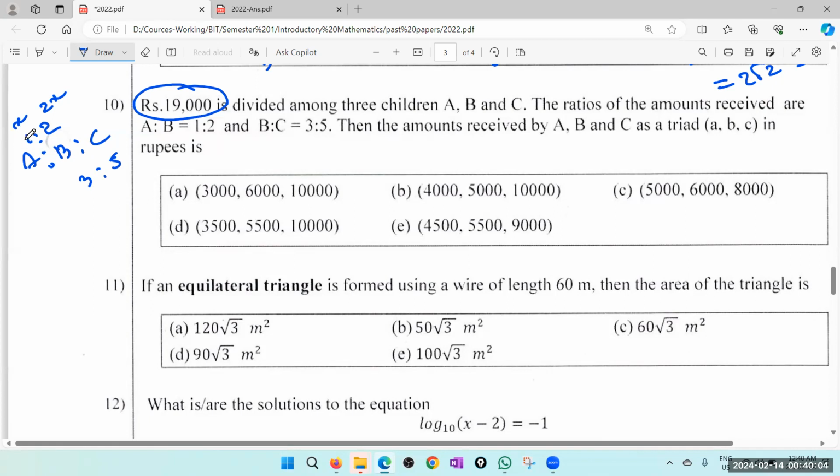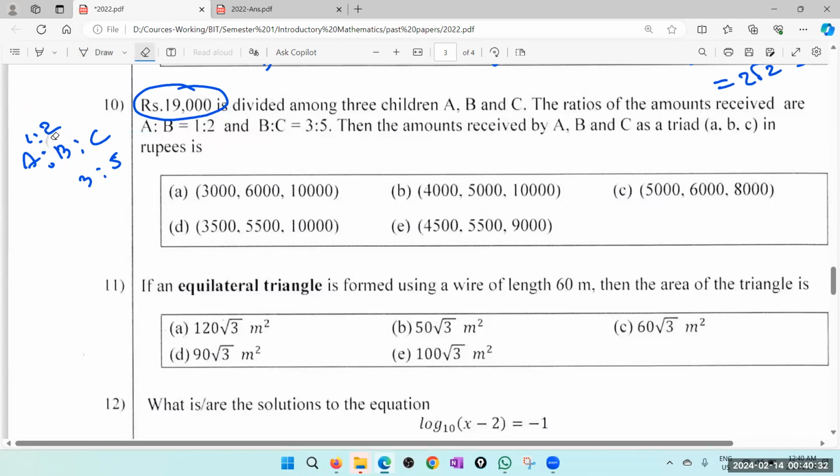So this is half of that, right? If this is 3, this is 5. How do we write it? I think we better take it to a common value. So this is 2, this is 3. It will not work.